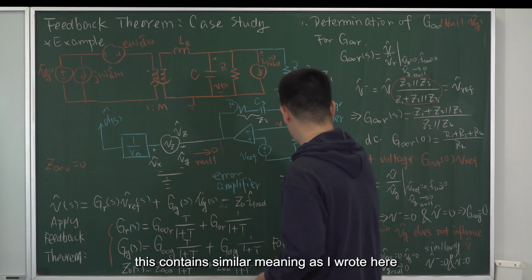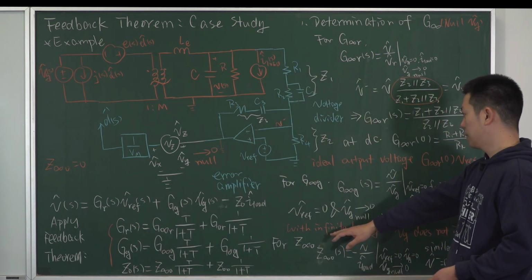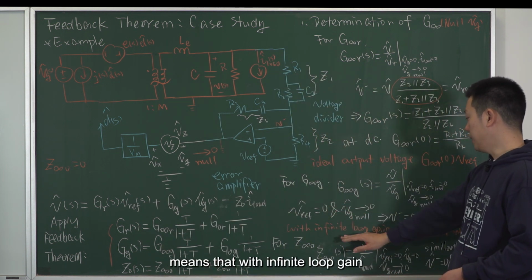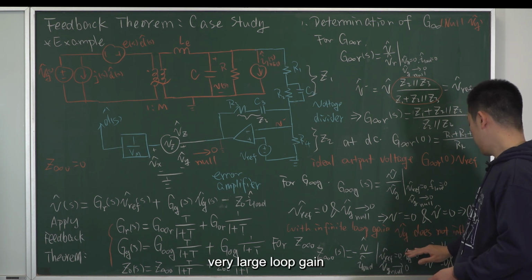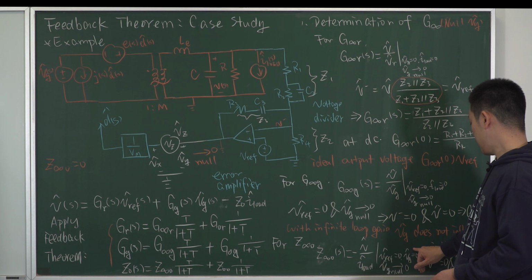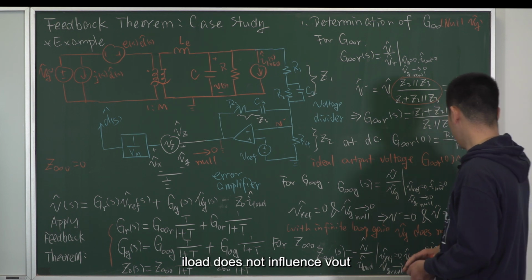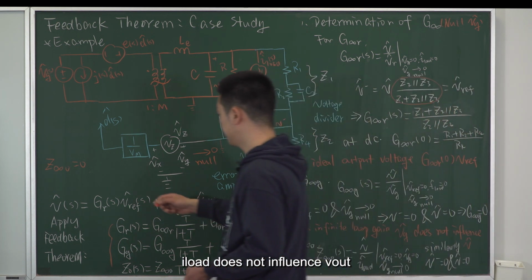This contains a similar meaning as I wrote here. It means that with infinite loop gain, very large loop gain, I load does not influence V out.